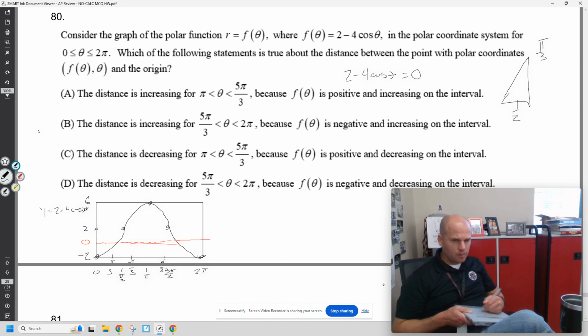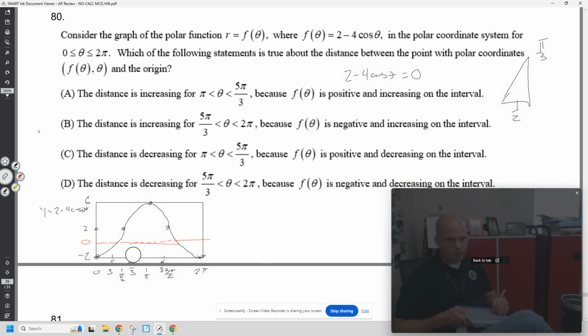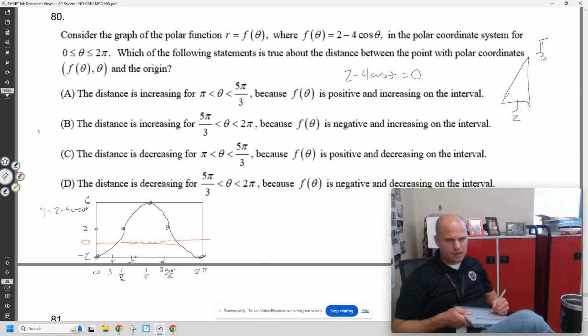Wait, never mind. This is pi over 3. We want positive a half. Whatever. Pi over 3. You don't want all of them. We want cosine theta to be positive a half, so that we do 2 minus 2.